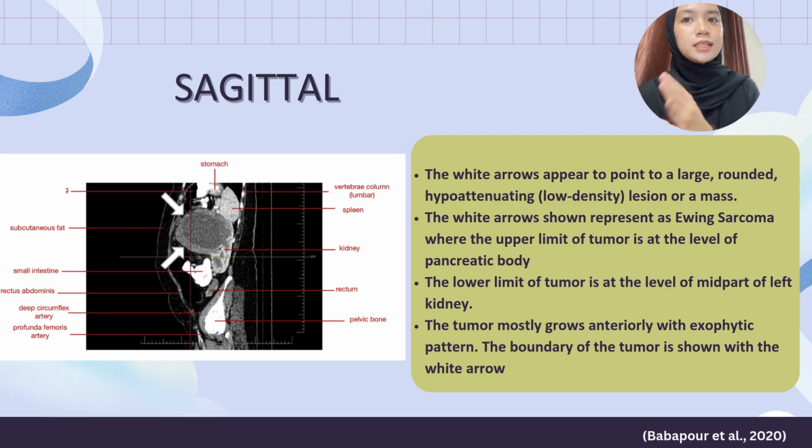This typically suggests that the mass may have cystic or also necrotic components, which is commonly observed in aggressive tumors like Ewing sarcoma. As we can see here, the upper limit of the tumor is at the level of the pancreatic body, while the lower limit of the tumor is at the level of the mid part of the left kidney. And lastly, the tumor mostly grows anteriorly with the exophytic pattern.